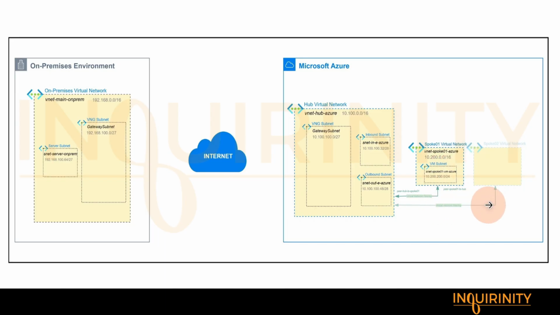Of course there's another one, but we will just focus on the one virtual network peering between the hub and the Spoke 01. So the name of the virtual network peer from the point of view of the hub virtual network is peer hub to Spoke 01, and that will be reversed from the point of view of Spoke 01. So peer Spoke 01 to hub.